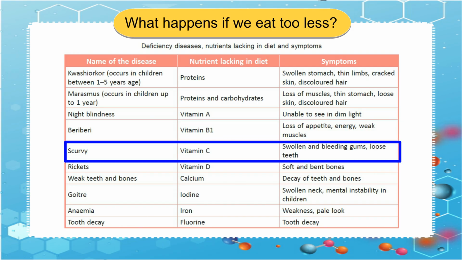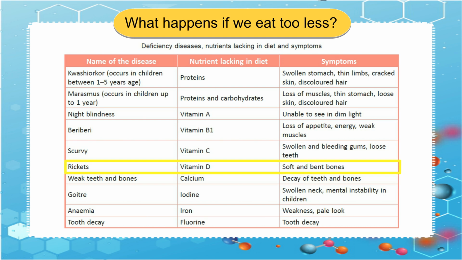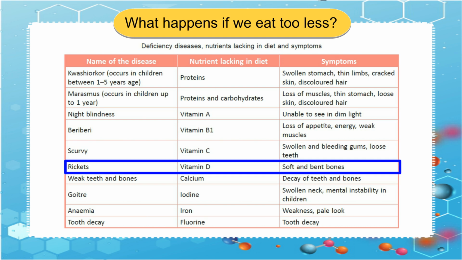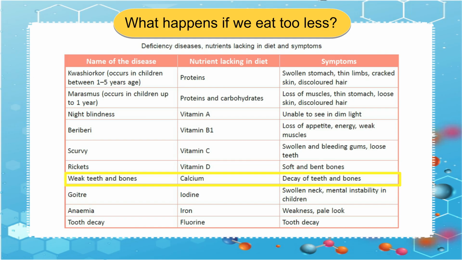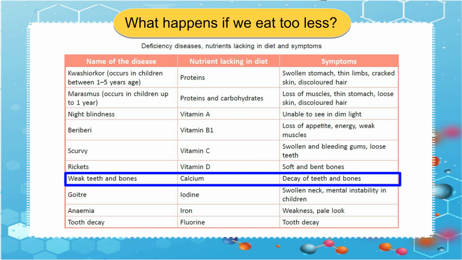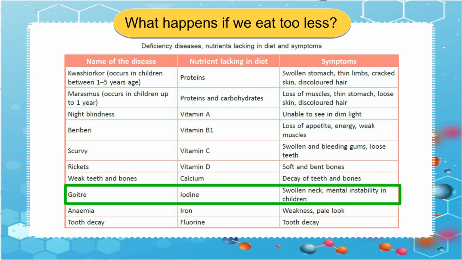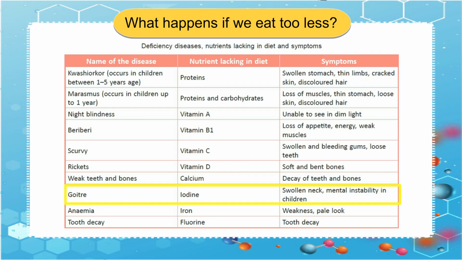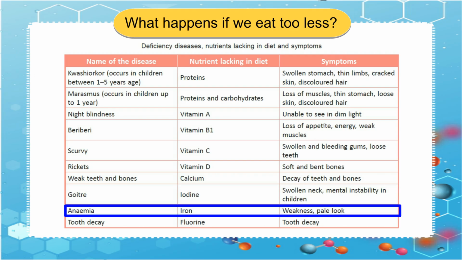Scurvy. Vitamin C, swollen and bleeding gums, loose teeth. Rickets. Vitamin D, soft and bent bones. Weak teeth and bones, calcium. Decay of teeth and bones. Goiter, iodine, swollen neck, mental instability in children.